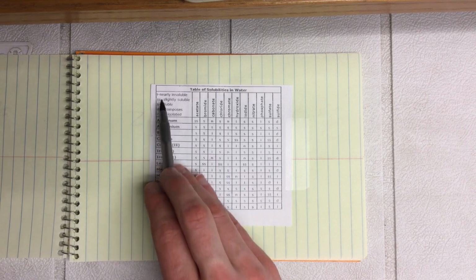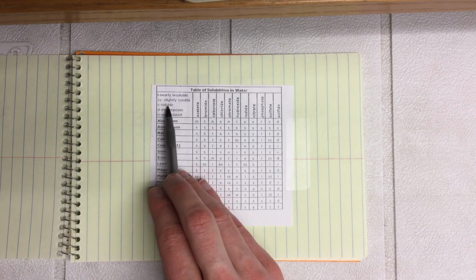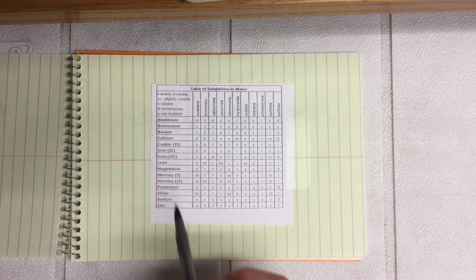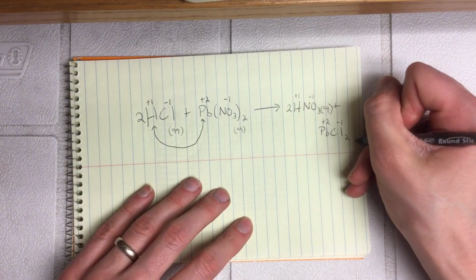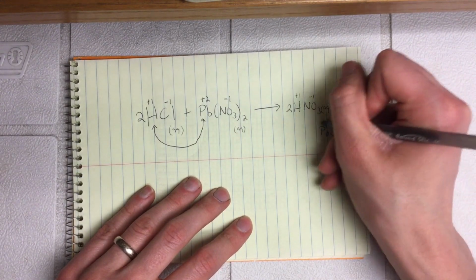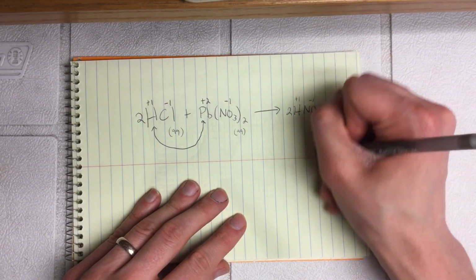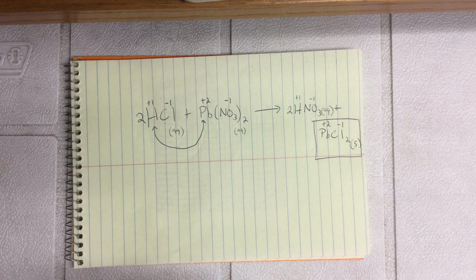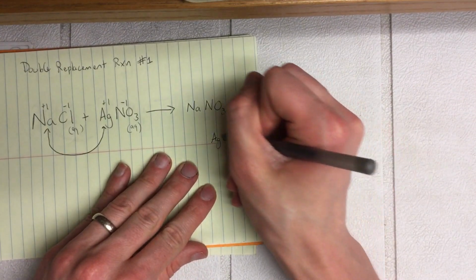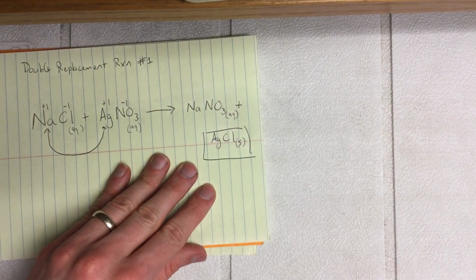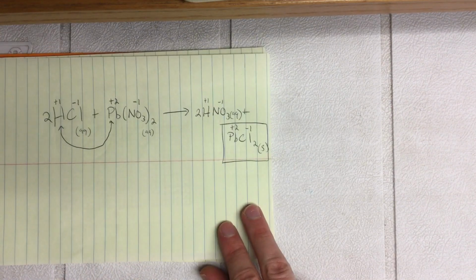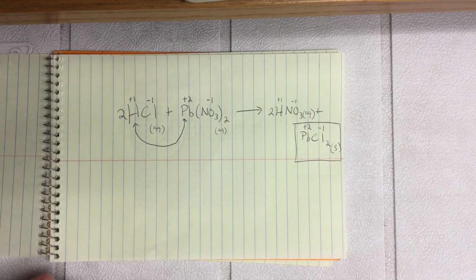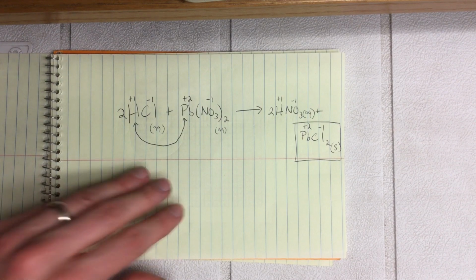We have the SS, which is slightly soluble, which technically does not count as soluble, so we assume that it forms a precipitate. If it forms a precipitate, you want to put a box around that precipitate. That's actually something that I forgot to do on the previous one. We're going to put a box around AgCl. So we have our precipitate that's formed.